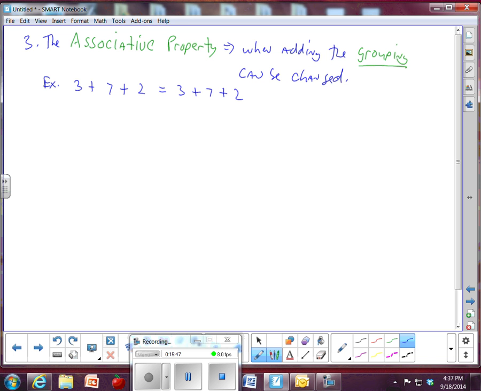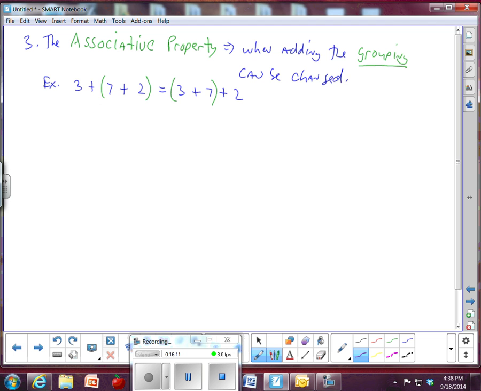We haven't changed any order, have we? No. And we shouldn't, because that's the commutative property. Let's now add parentheses to show grouping. Let's put parentheses around the 7 plus the 2. See how the 7 and the 2 are grouped together? Okay. Now on the right hand side of the equal sign, let's group the 3 and the 7.